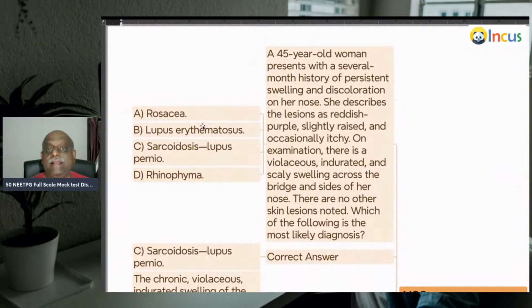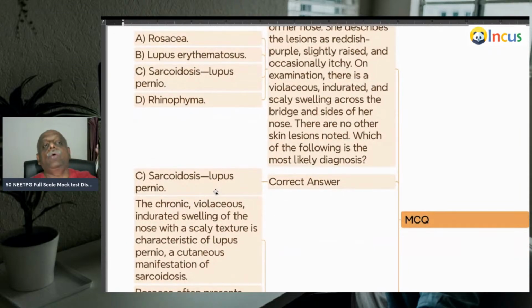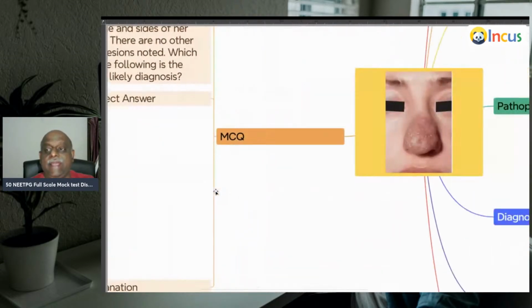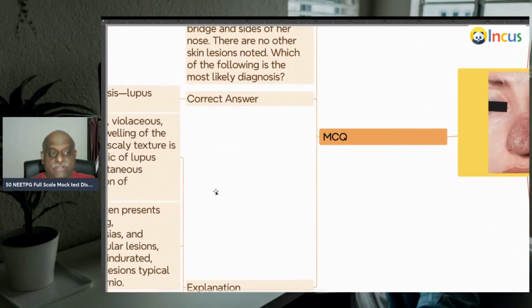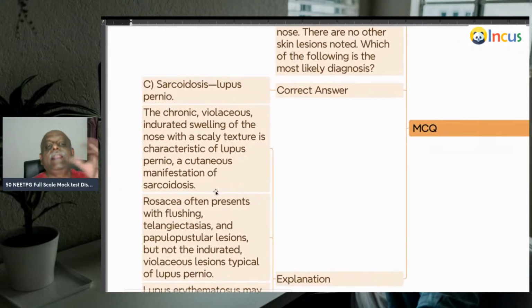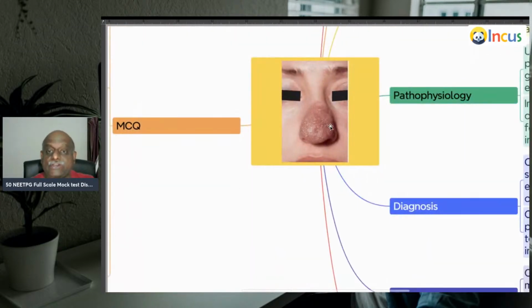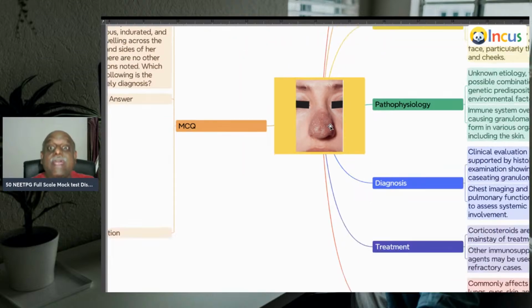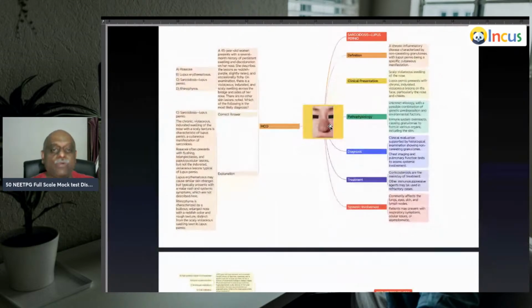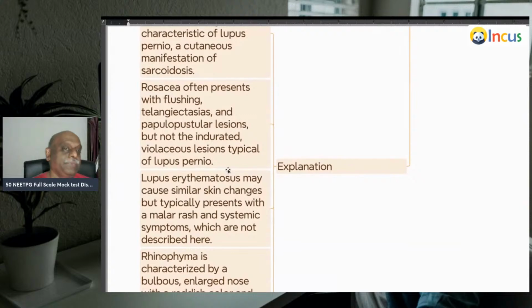What is it most likely to be? It is lupus pernio in sarcoidosis, which is a chronic violaceous, indurated swelling in the nose with a scaly texture.